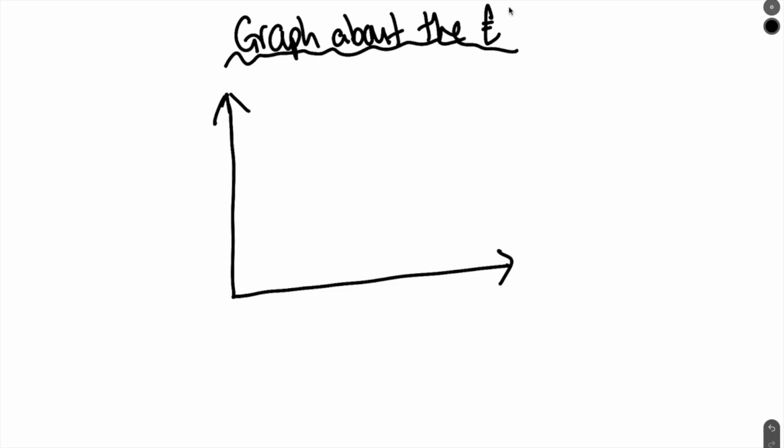On this axis, we're going to have quantity of pounds. And on this axis, if it's about the pound, I want the pound on the denominator. So I'm going to have dollars on the numerator. The reason for that is I want this to be able to be interpreted intuitively. So if this number goes up, I want it to be telling me the pound's going up. If it goes down, I want it to be telling me the pound's going down. So that's really, really important.